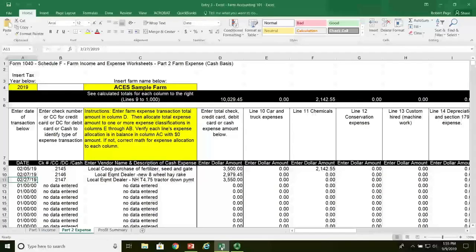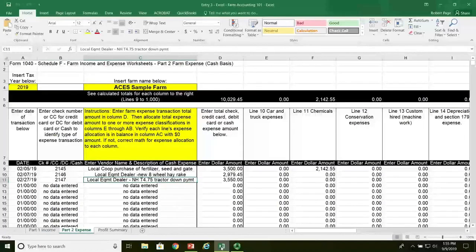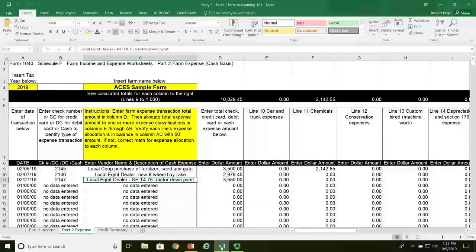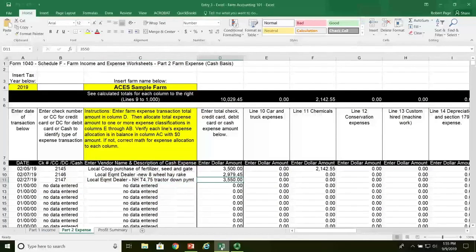This transaction is dated February the 22nd, 2019, and we begin with a check written for the down payment on check number 2147. The check is made to the local equipment dealer for the tractor and the down payment, which is entered at $3,550 under the column D. Now let's go all the way over.